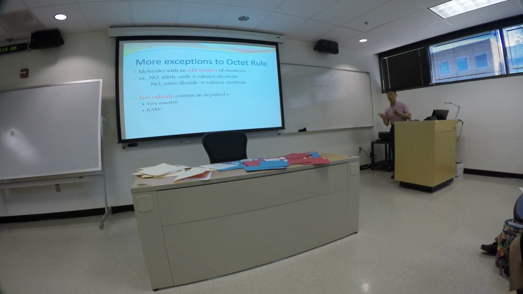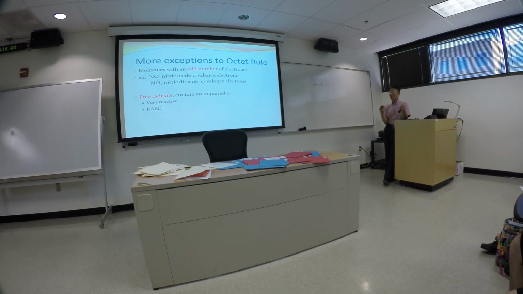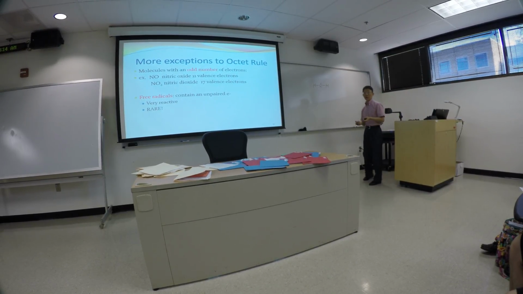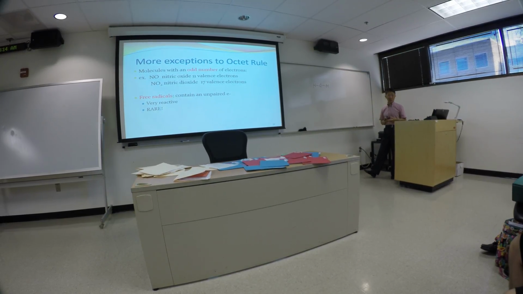Another situation when you look at the exceptions is that when you talk about electron pairs, that means you have to have an even number of electrons. But what happens if you have a group 5A element combining with a group 6A element? You end up with 11 electrons, or 17 electrons for that matter.